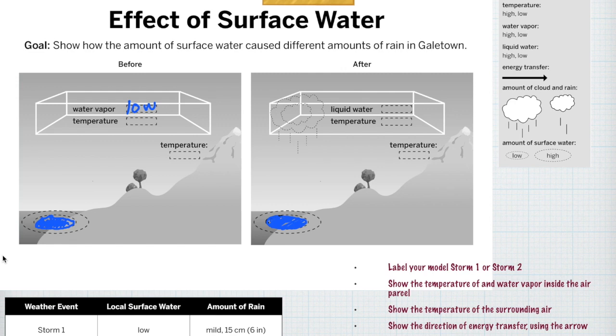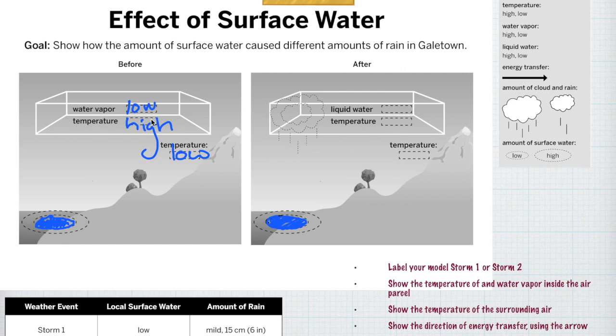And the temperature of the air parcel is going to be high because it's evaporated. So right now we have a low amount of water vapor, but the temperature is high. And even outside, the air is also low, because as it goes into the atmosphere, it's going to be low.